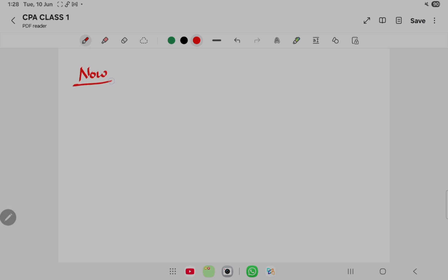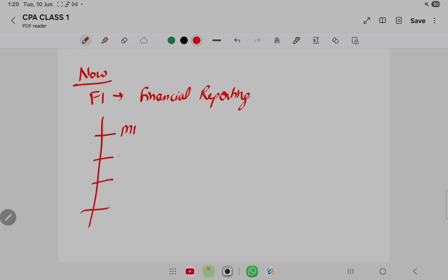Now we will talk about the F1, that is financial reporting. It includes 4 modules: M1, M2, M3, M4. M1 is for the balance sheet, income statement, and comprehensive income.